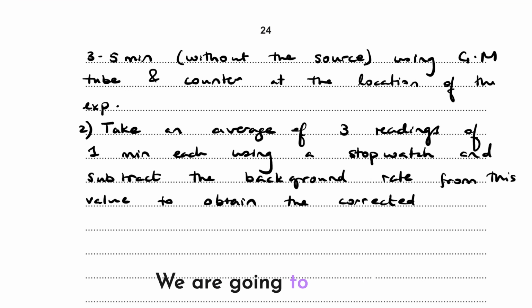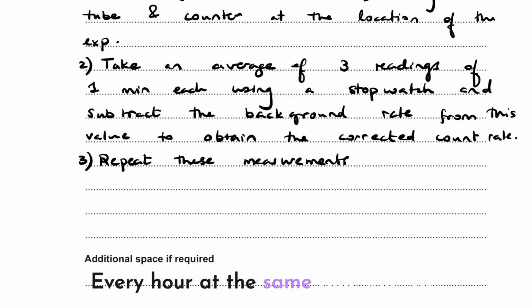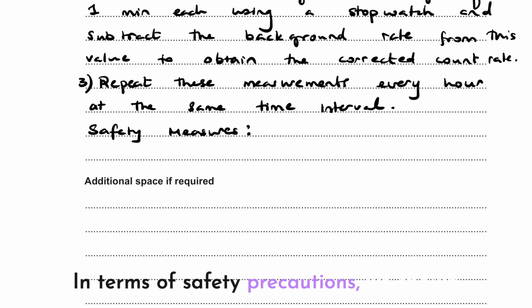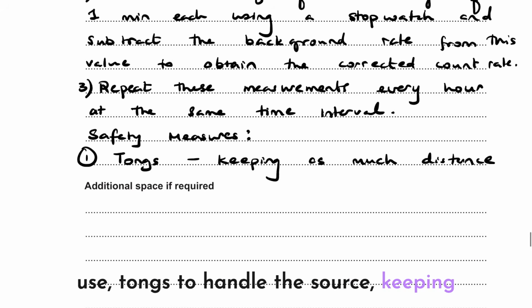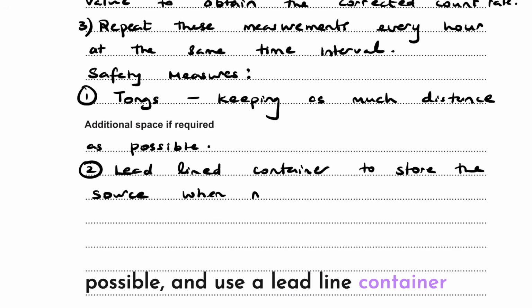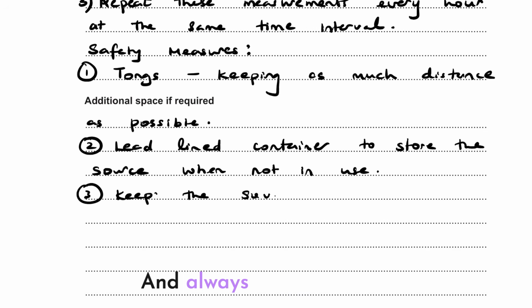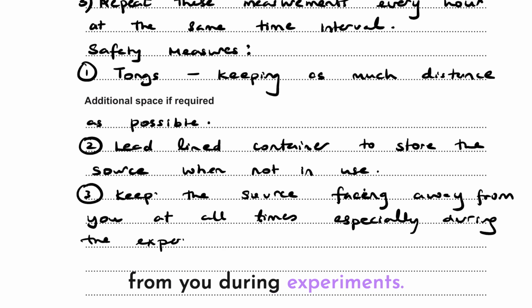We are going to repeat these measurements every hour at the same time interval. In terms of safety precautions, we should use tongs to handle the source, keeping as much distance from the source as possible, and use a lead-lined container to store the source when it's not in use, and always make sure you keep the source facing away from you during experiments.